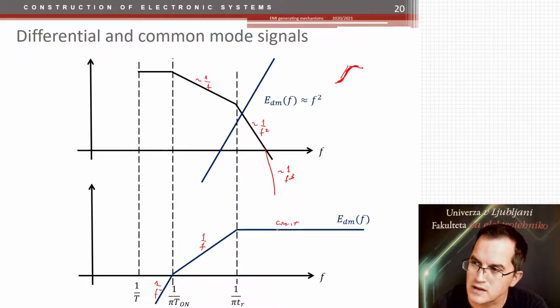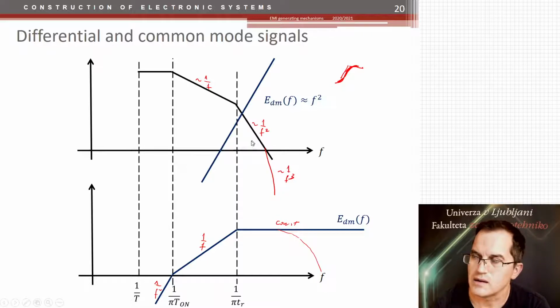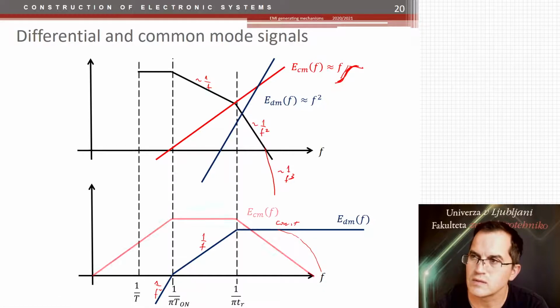Therefore, this would be limited as well. Okay, what about the common mode? Well, common mode increases linearly with frequency, which means that it would have a shape like that. Frequency limited. Oh, luckily. But we'll see if that actually holds till the end.